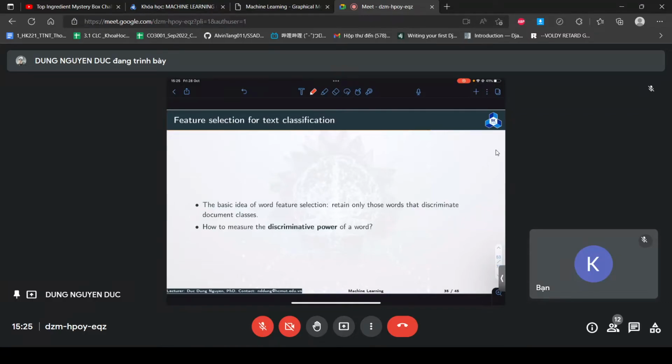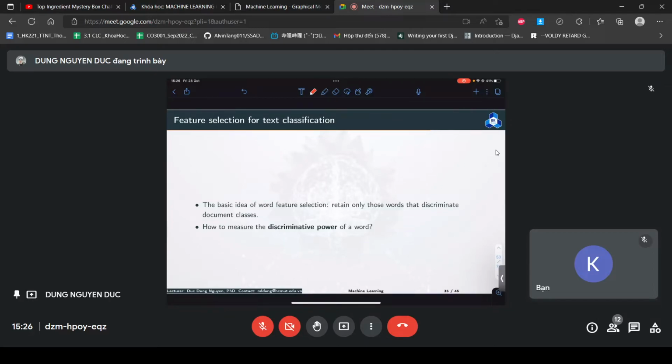Now, when you work with text, how can we determine the discriminative power of a word? Well, that's kind of a big question, right?